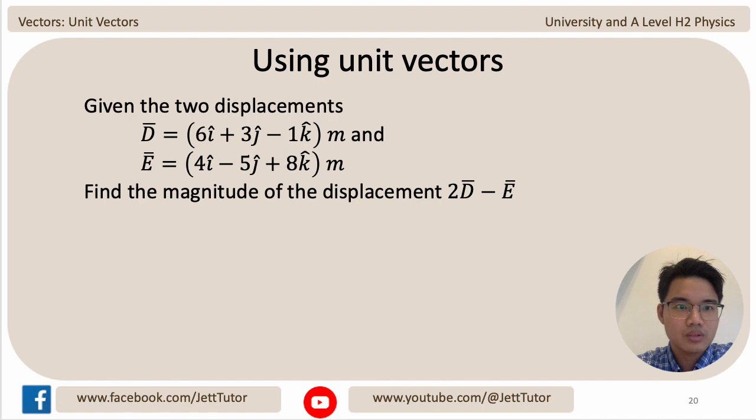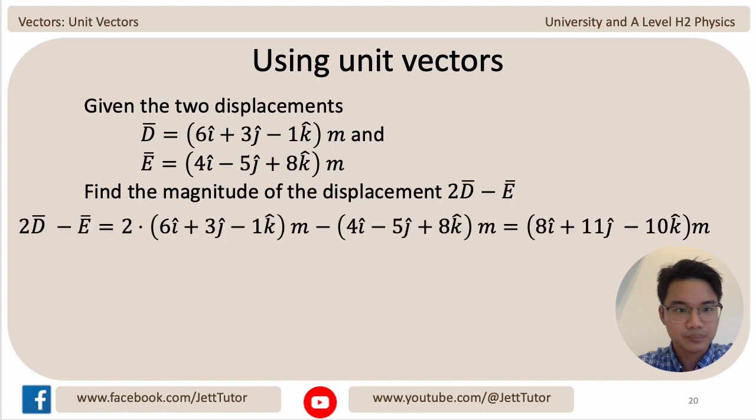Using unit vectors, for an example, given the two displacements d bar equal 6i plus 3j minus 1k meter and e bar equal 4i minus 5j plus 8k meter, find the magnitude of the displacement 2d bar minus e bar. So we can subtract component by component.